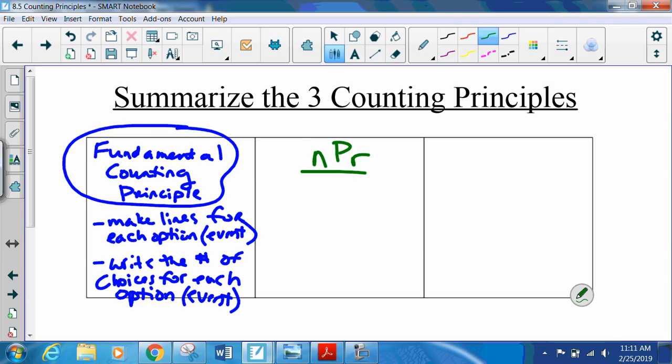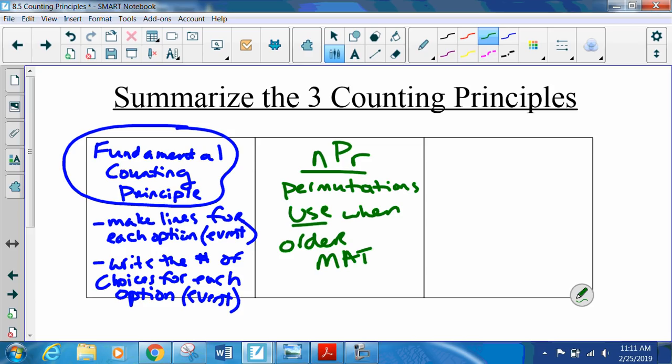And so there's a second one, and that was we used NPR. And these are permutations. That's what the P stands for, permutations. And we use it when order matters. Now we're going to spend some marker board time going through different scenarios so that you can get better at deciding if order matters or not.